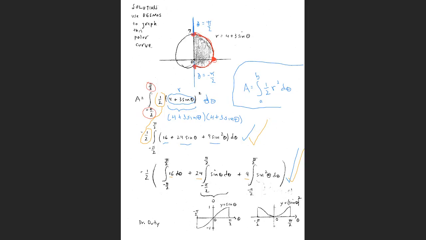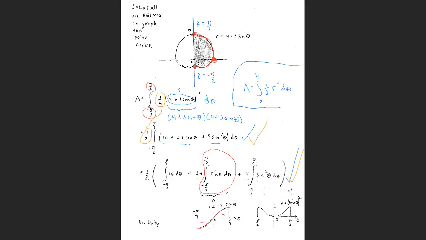Yes, I could get the antiderivative of the sine, that's negative cosine of theta, and I could then put in the pi over 2 and negative pi over 2. I could do that. But if I think about the sine wave, it looks like this, from negative pi over 2 to pi over 2, and we have positive area and negative area.